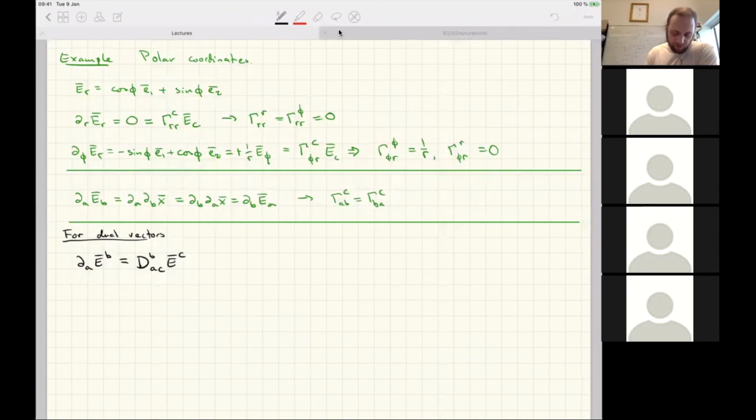And in order to find out what that is in terms of the Christoffel symbols that we have already defined, let's look at the following. Let's look at the derivative in the A direction of EB inner product with EC. Now, this is just the derivative of delta BC, so the components of the Kronecker delta, which are constant, so that's equal to 0. However, I can also use the product rule here.